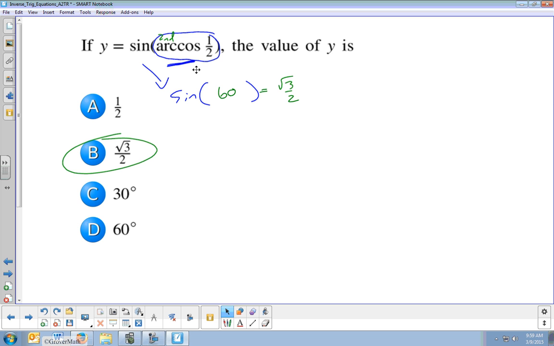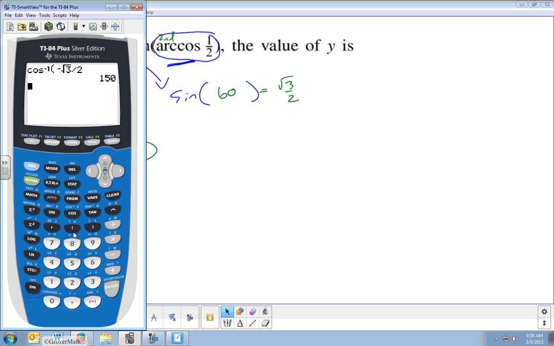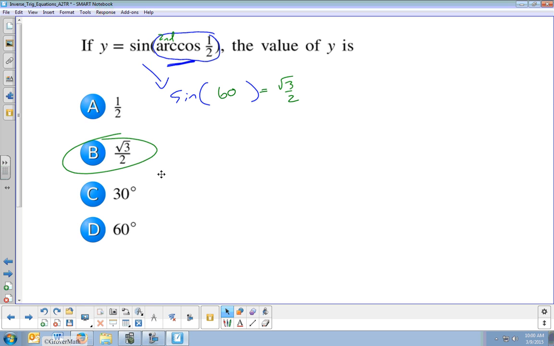You could try typing it all in at once, but it's not going to work every time. I'm doing second cosine in my calculator to do arc. 1/2 is 0.5. And then I'm doing sine of that, which is 0.866, which I know is rad 3 over 2, or maybe you just have it memorized, as I would love if you did.